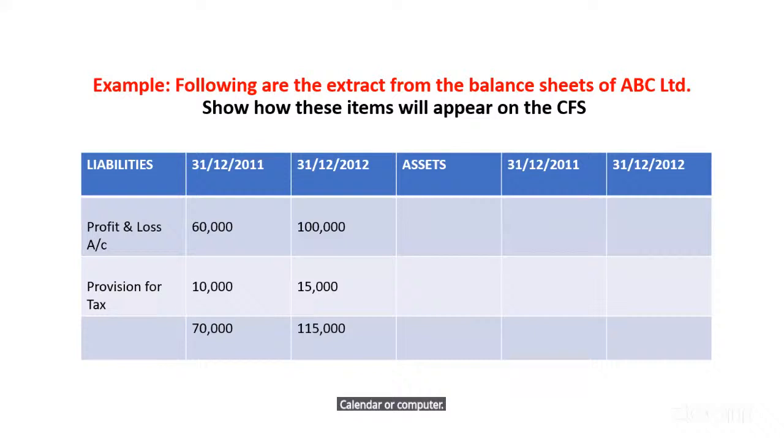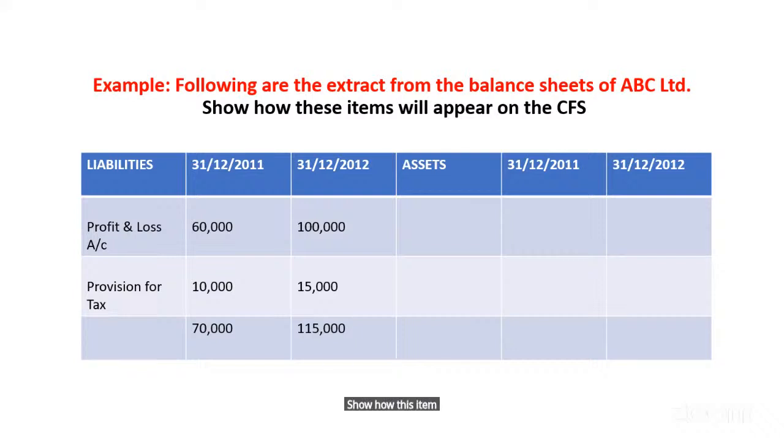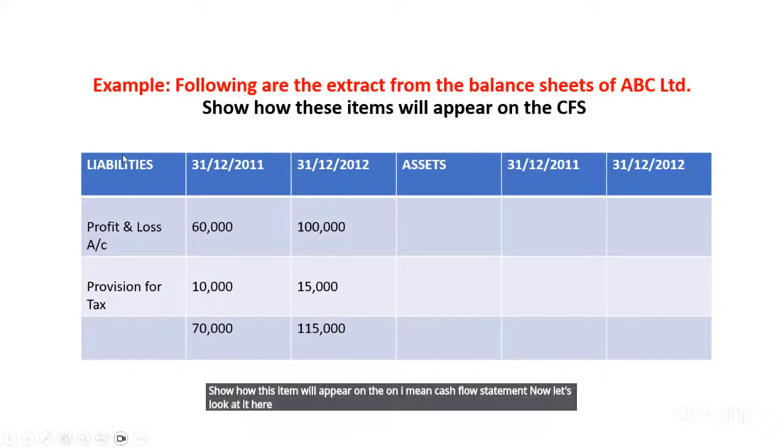Now, let's look at this simple example, following the extract from the balance sheet of ABC. Show how this item will appear on the cash flow statement. We have asset, we have liability, and the dates 31st December 2011 and 2012.